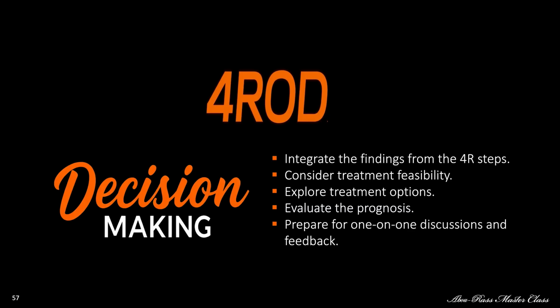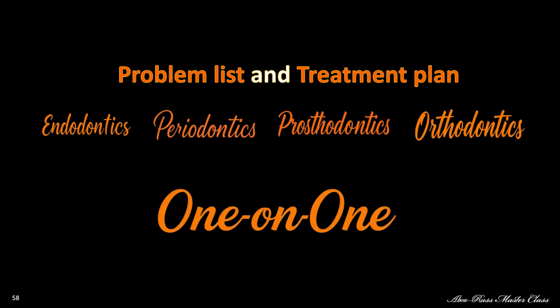The decision you make is integrating those 4 steps together, and now you present it to the patient in a one-on-one discussion and feedback. You decide what this patient's problems are. If it's comprehensive care, emergency care, limited dental treatment, is it one tooth, a quadrant, a full mouth.